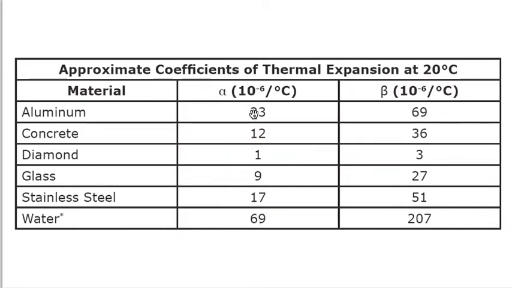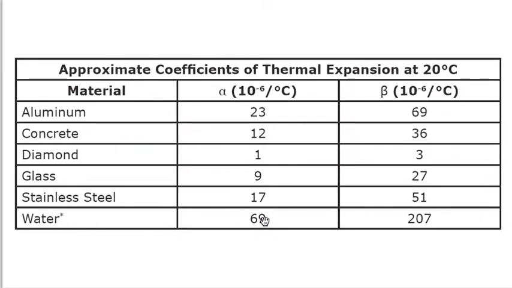And as you can see here, the aluminum is going to be expanding more with that same increase of temperature than these other materials. So what I'm saying, guys, is that if you have in a room at the same temperature, a piece of aluminum, concrete, a diamond, maybe a ring, I don't know, a glass window, and stainless steel and water, a puddle of water, and you increase the temperature, you know what's going to happen?